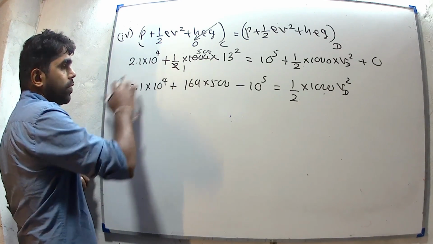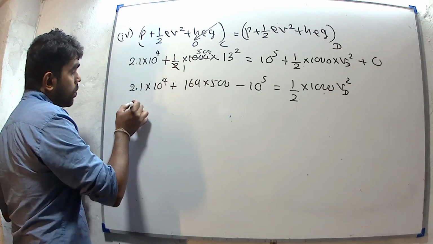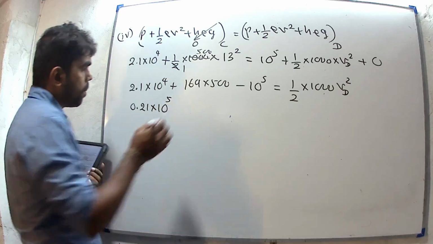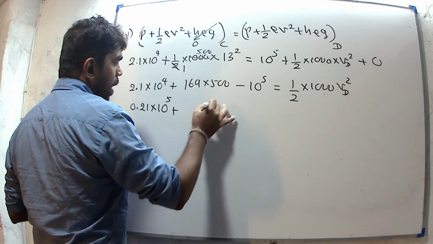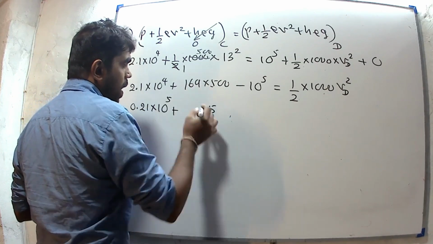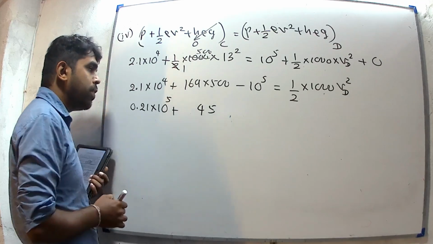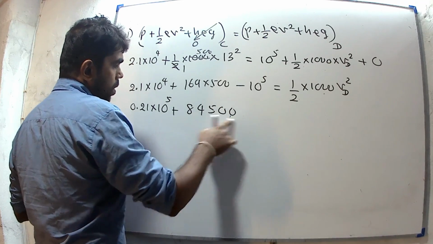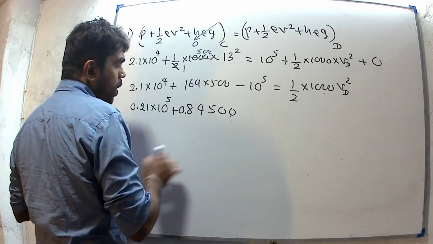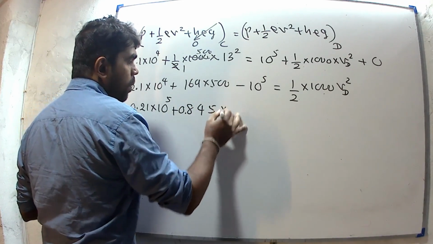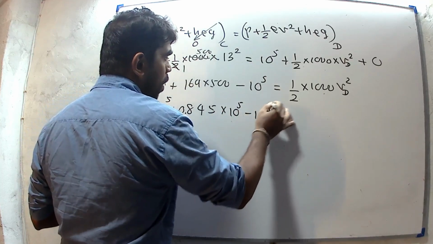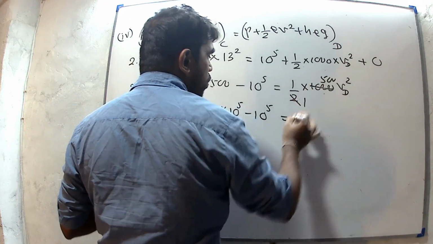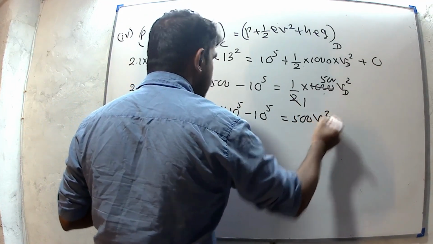We can write this with 10 to the power 5 value, 0.21 into 10 to the power 5, plus 5 into 9, 45, 4 remaining, 5 into 6, 30 plus 4, 34, 3 remaining, 5 into 1, 5 plus 3, 8. We can write it 0.845 into 10 to the power 5 minus 10 to the power 5, equals 500 Vd squared.